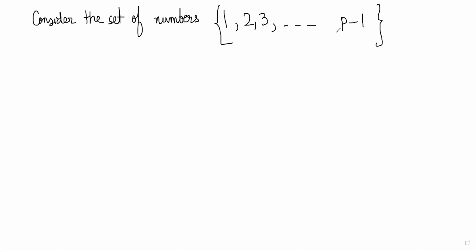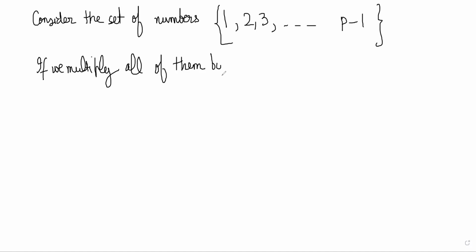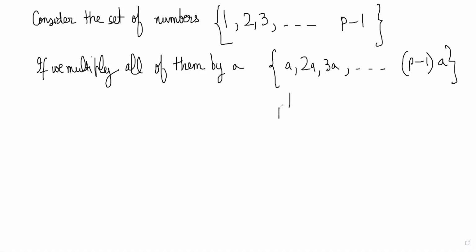If we multiply all of them by A, we get the set A, 2A, 3A till (P minus 1) times A, correct? Now, none of these are divisible by P.